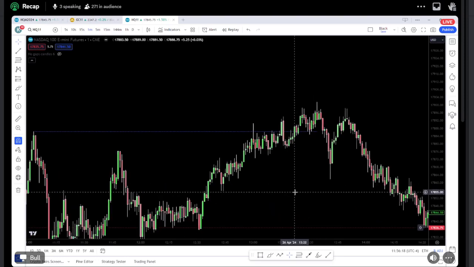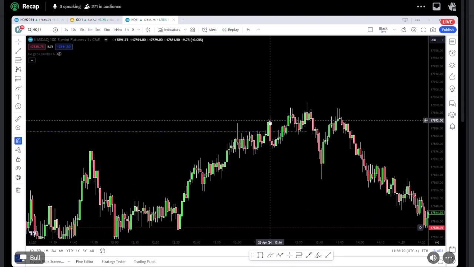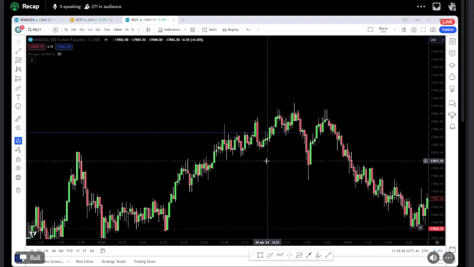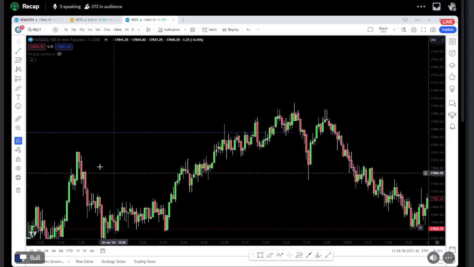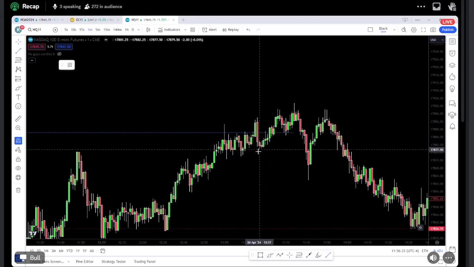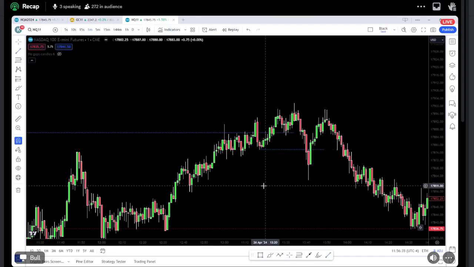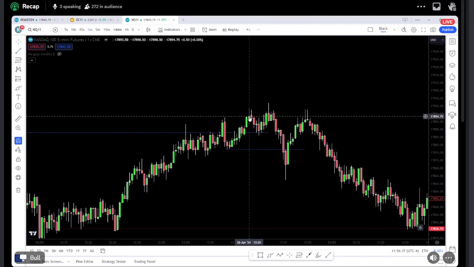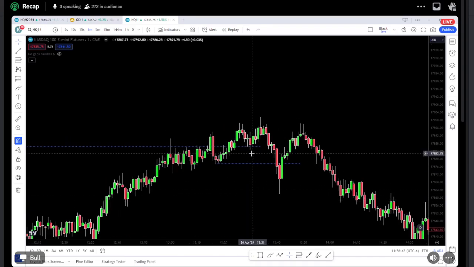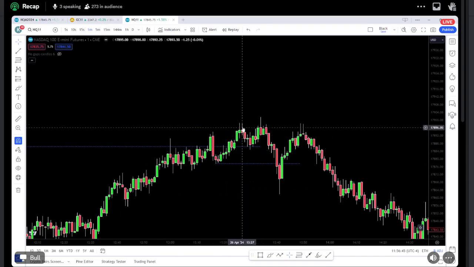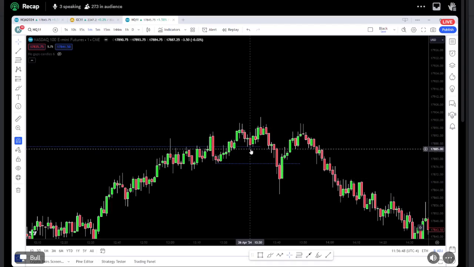Okay, and what do we see? We see a closure up here, which became valid, which put in a low here, right? This is the low that formed after we got the body closure. Here, we trade up, we close here, which makes this the low that this high put in, right?